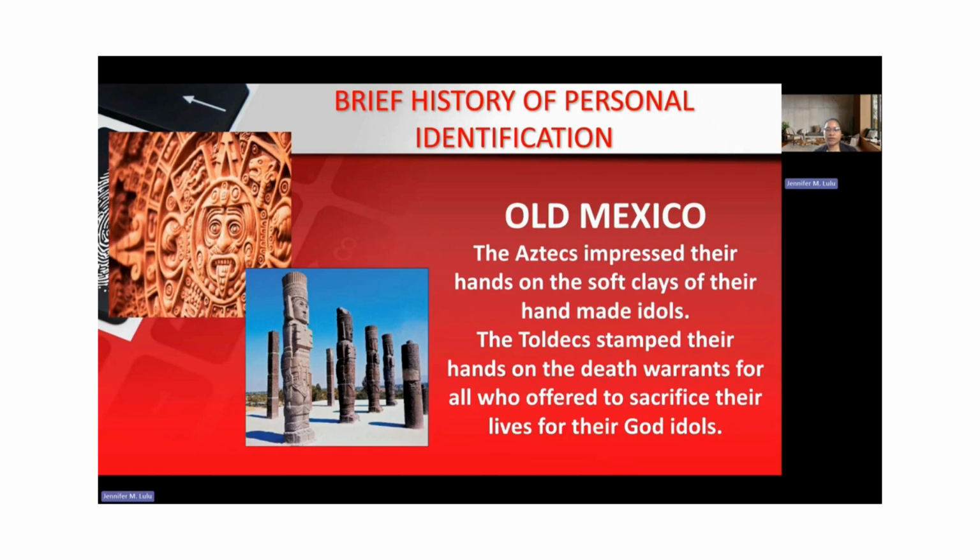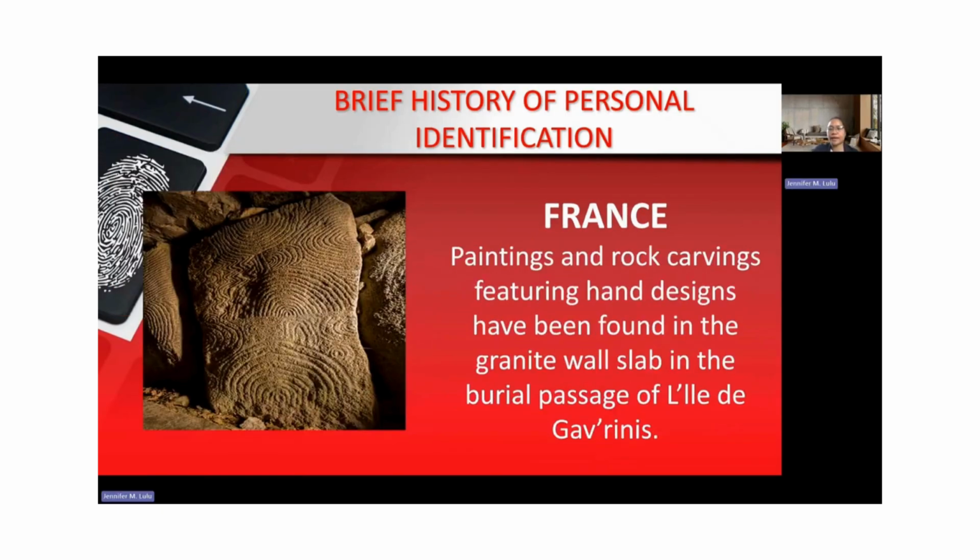The Toltecs stamped their hands on the earth for all who suffered sacrificed lives for their godly idols. And then from France, we have paintings and rock carvings, featuring hand designs, found in the granite wall slab in the burial passage of Lane Gravines.